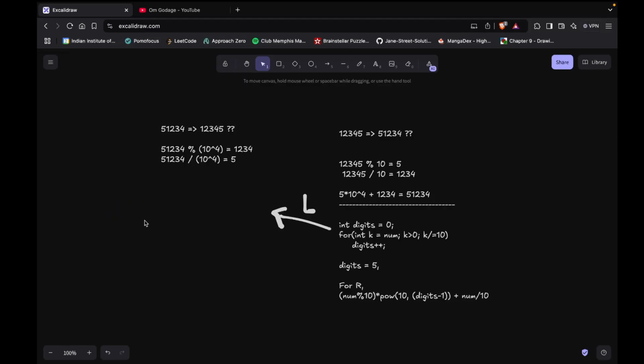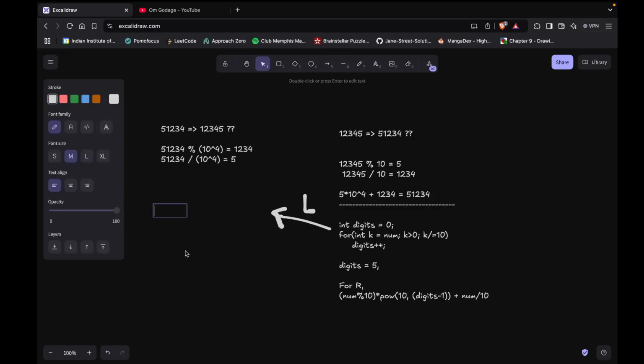So okay, let me explain this. 5 1 2 3 4, 1 2 3 4. So this is 10 raised to 4 and this is 5 1 2 3 4. When you take the remainder of these two numbers, you can multiply a 5 to this, so you get this number, and then 1 2 3 4 will be the remainder.